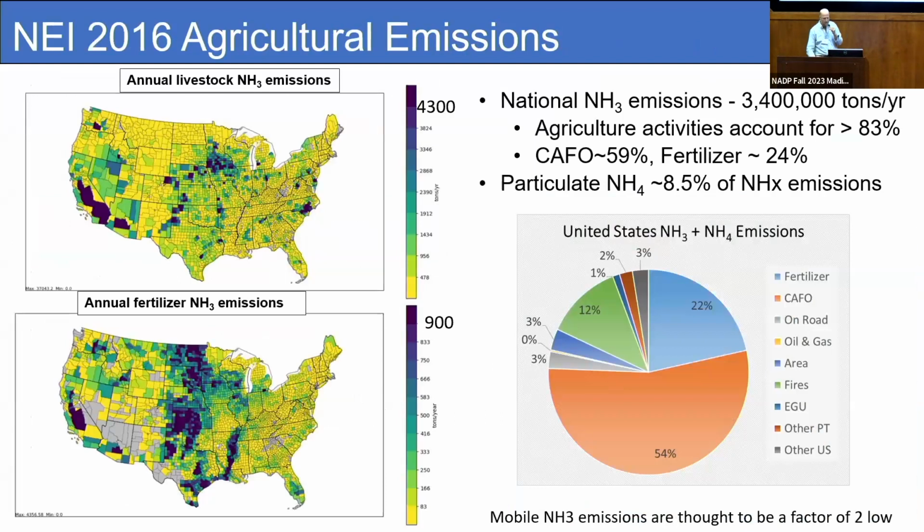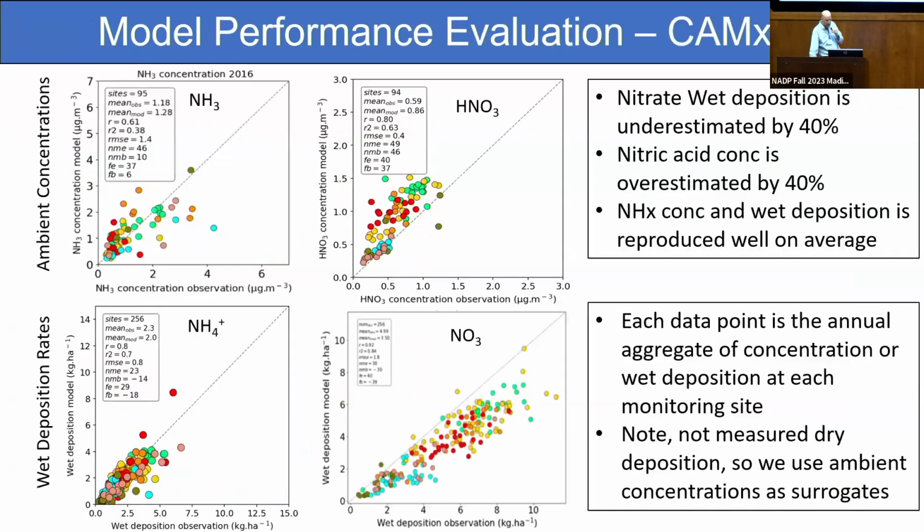The real key point here is that, at least in the NEI emissions, 85% of those emissions are agricultural related. When we talk about the reduced fraction, we're really talking about ag. In here, mobile sources are probably underestimated, but we just heard that ag is probably underestimated too.